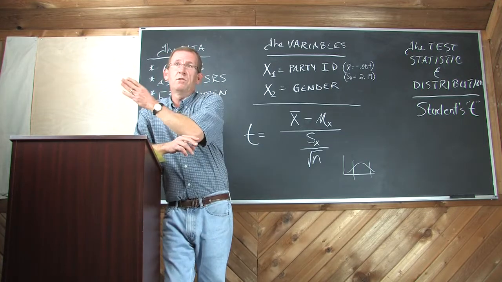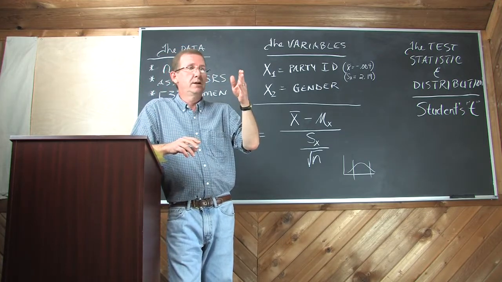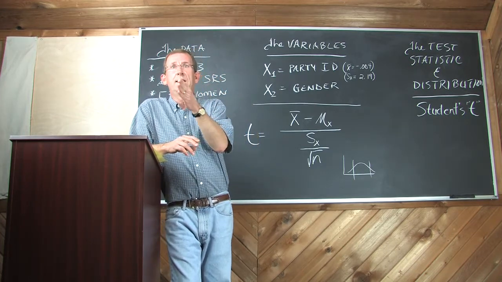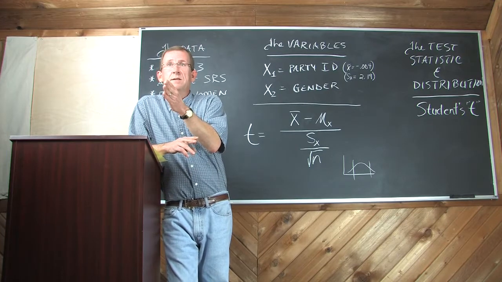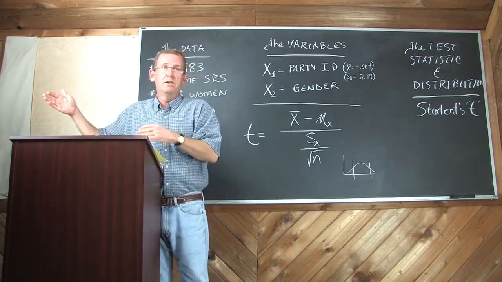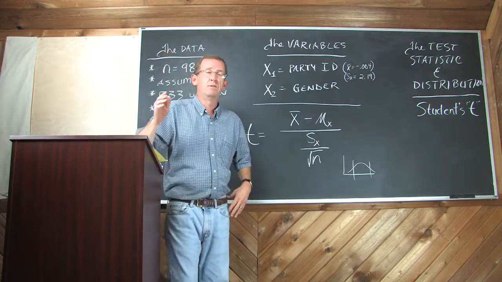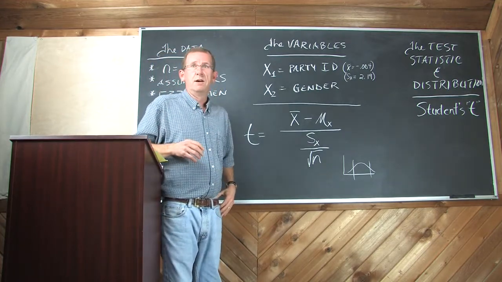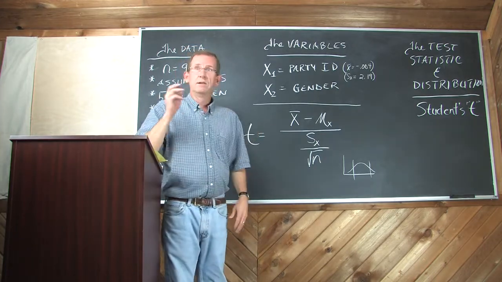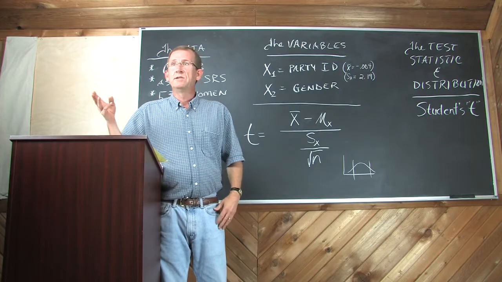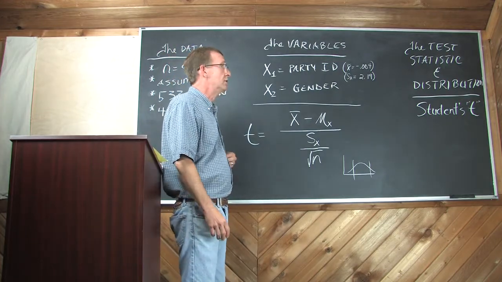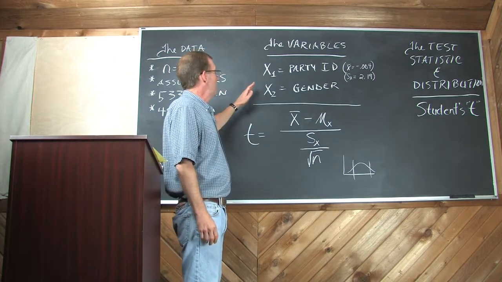And again, the categories are ordered this way. -3 is strong Democrat. -2 is less strong Democrat. -1 is leaning Democrat. 0 is independent. And then the categories in the positive range of the variable mirror those in the negative range, except they're distinguishing Republicanness. Leaning Republican, not so strong Republican, and then +3 in the variable equals strong Republican.